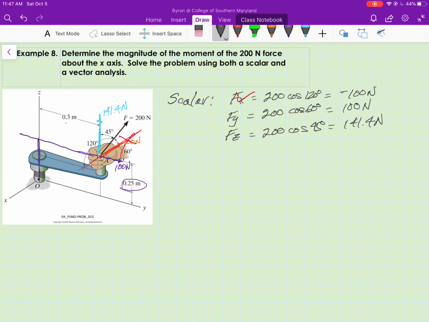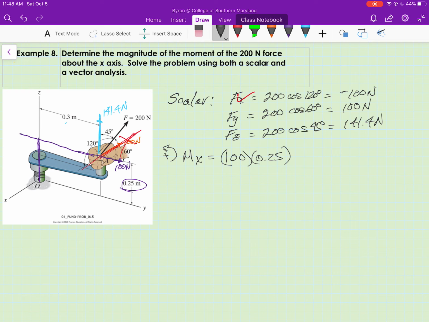So let's start writing our moment equation here. The moment about x is going to equal F sub y times 0.25. Now we need to worry about signs here. Generally we assume counterclockwise moments as positive.